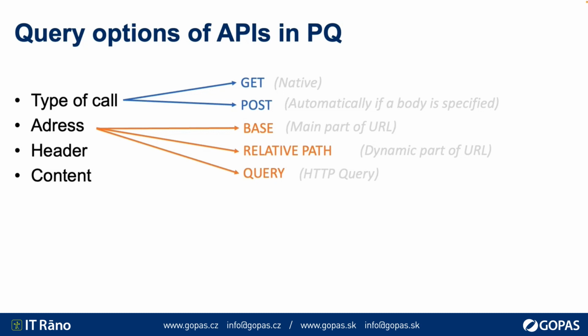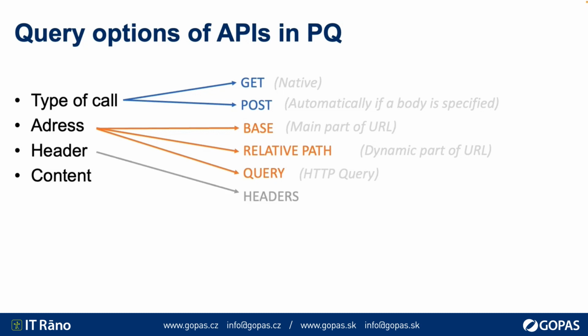Then we add the relative path, which is the dynamic part of a URL that can be changed meanwhile in a query. So it should be separated from the base path to be able to set the authentication on the base. And then the query, if it's necessary. So the HTTP query that is set up behind the question mark in the URL.